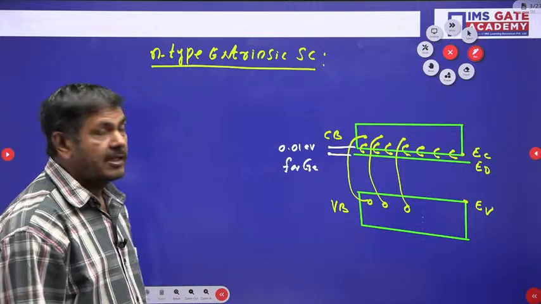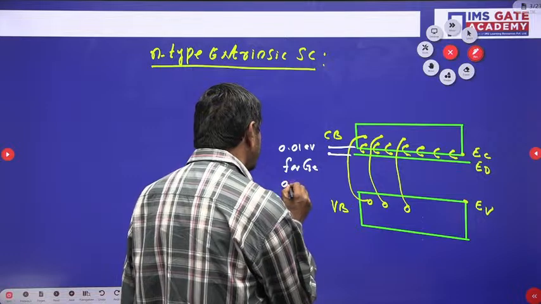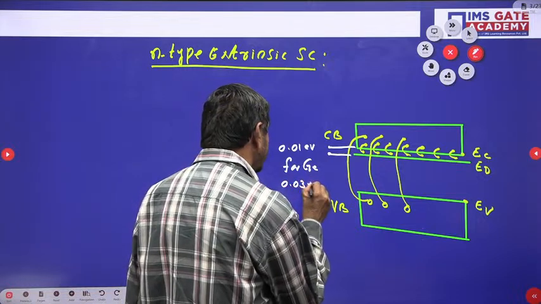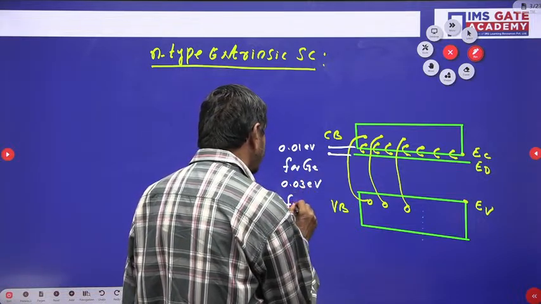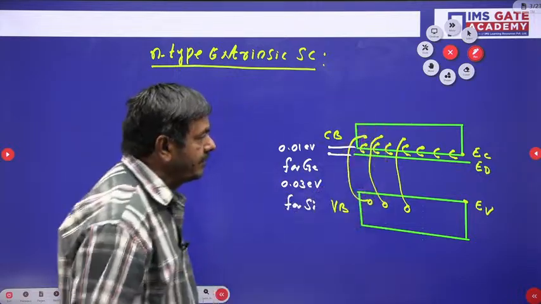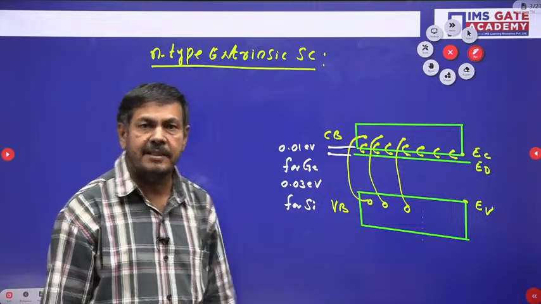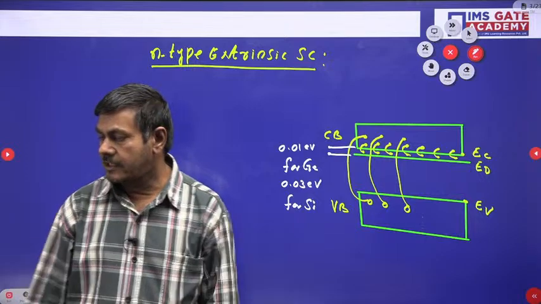If it is silicon, 0.03 electron volts is required. For silicon, that much energy is required only, we can say. Once the electrons reach the conduction band, the conductivity will increase. That point is very important.